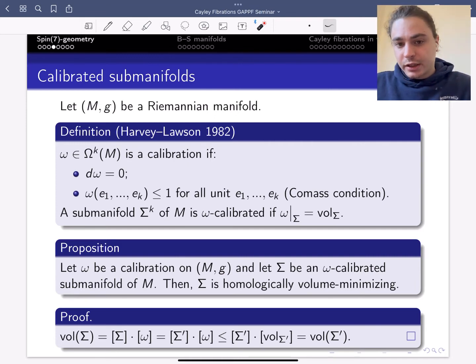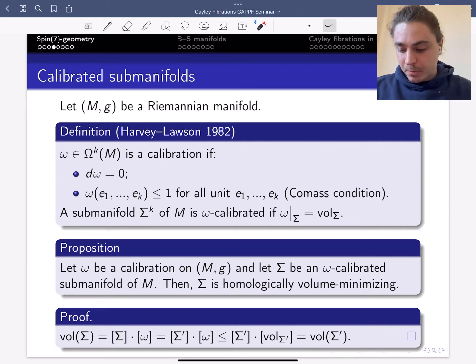So we are just trying to match the volume form induced by the immersion or embedding, depending on your favorite kind of submanifold, into the ambient manifold. We're trying to match the two objects.